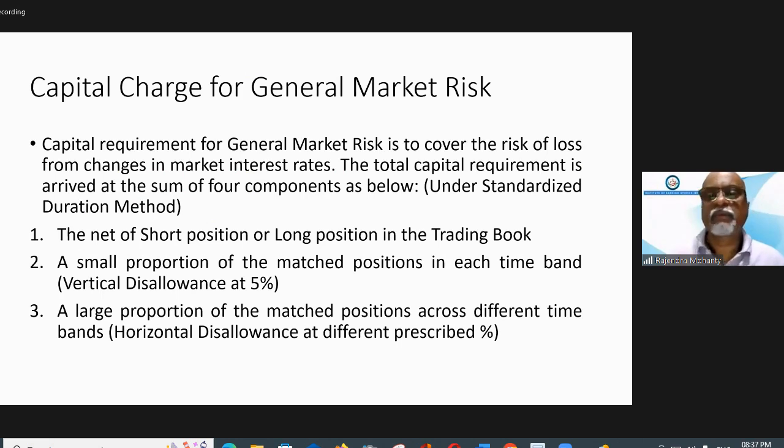The capital requirement for general risk is to cover the risk of loss from changes in the market interest rate. That we know already. The total capital requirement is arrived at as the sum of four components as below under the standardized method. A question might come on this; somebody asked me, last season this question came for the first time.